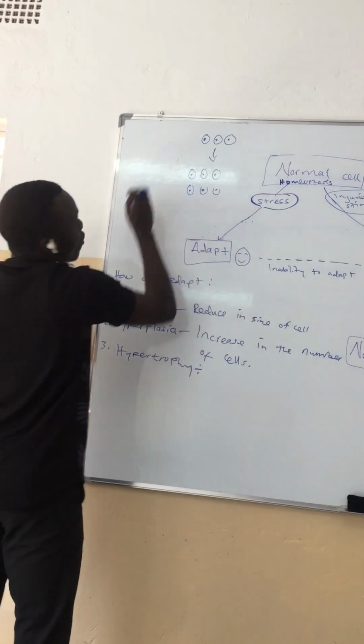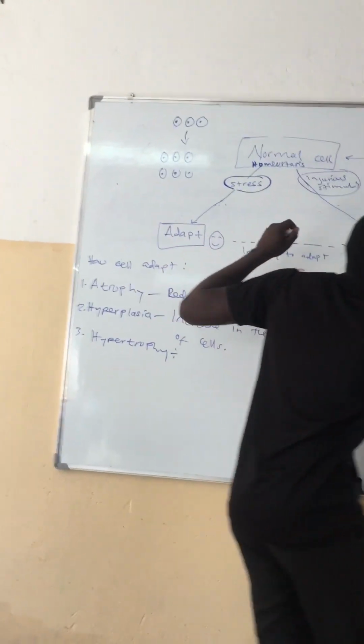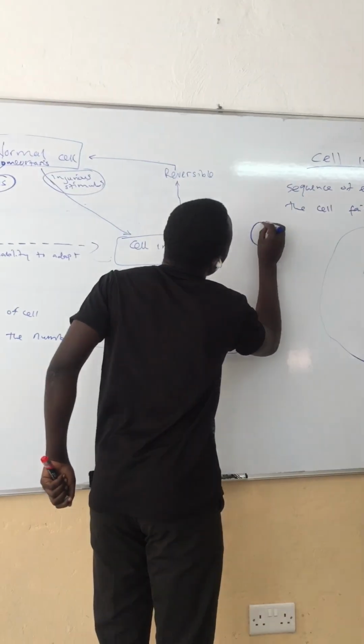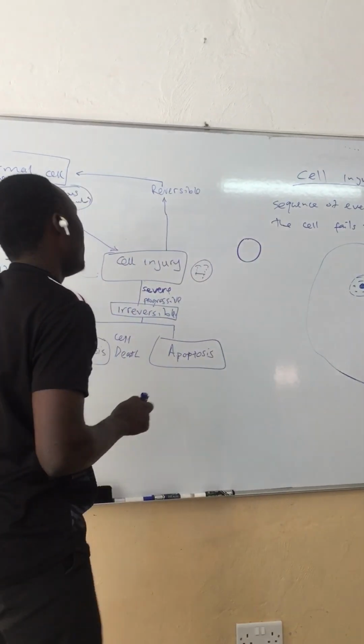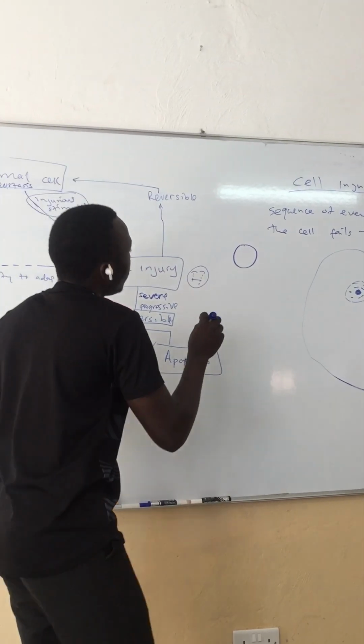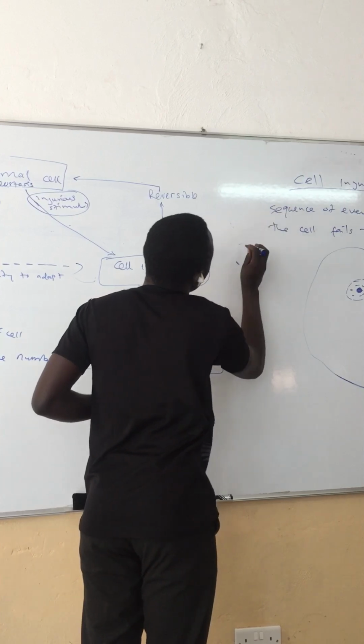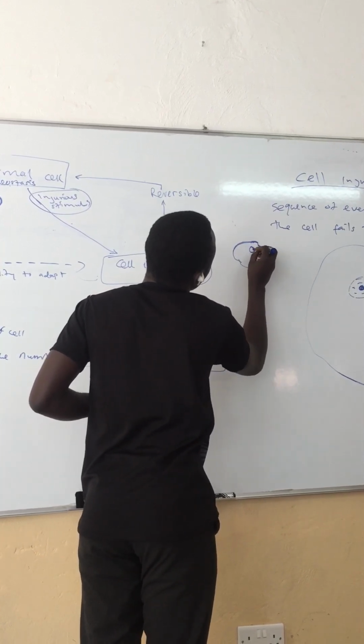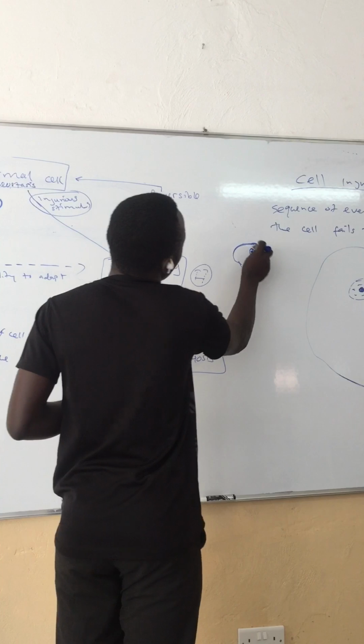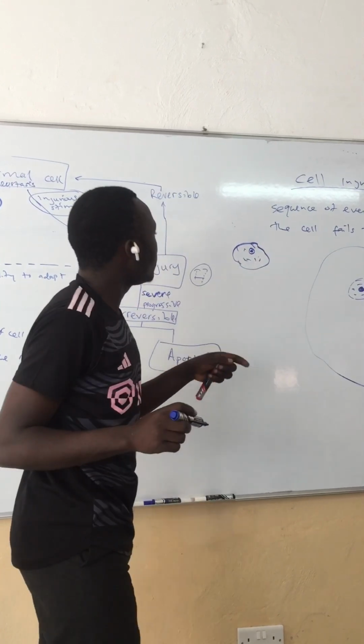Let me give an example of this cell here. This is now hypertrophy. The normal cell is this, with the nucleus there and some cell components.